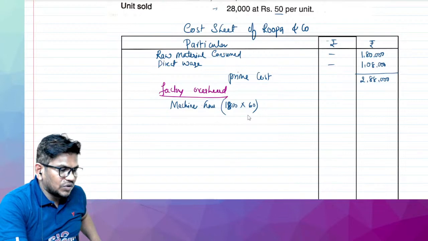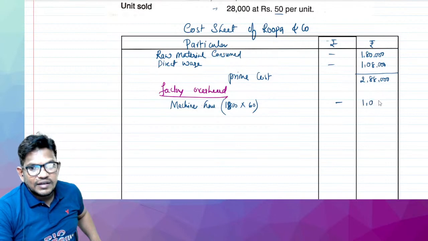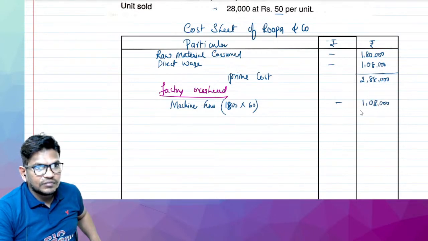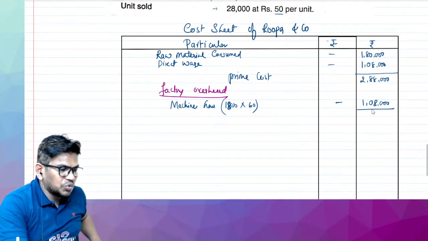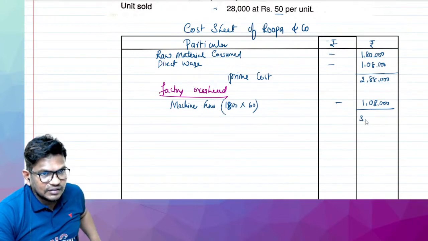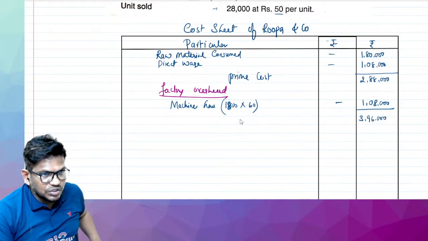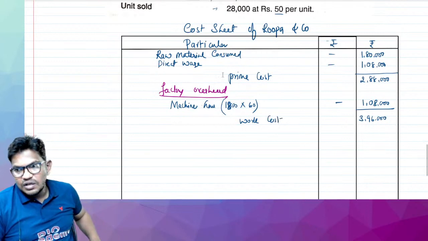How much will it come? 1,800 into 60 comes to 1,08,000. Add this, children, 2,88,000 plus 1,08,000, how much will it come? 3,96,000. So this is your work cost. Understood?